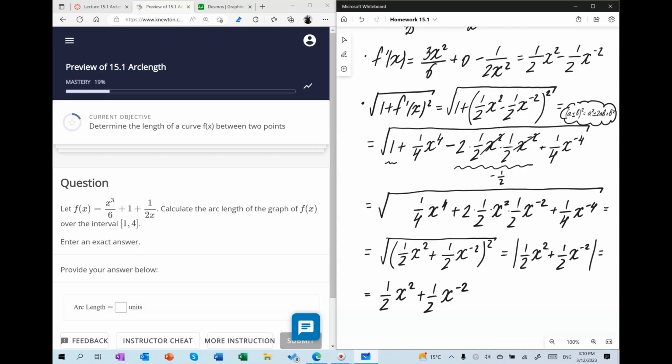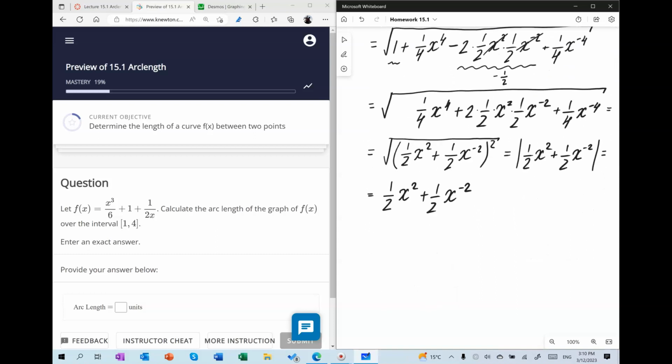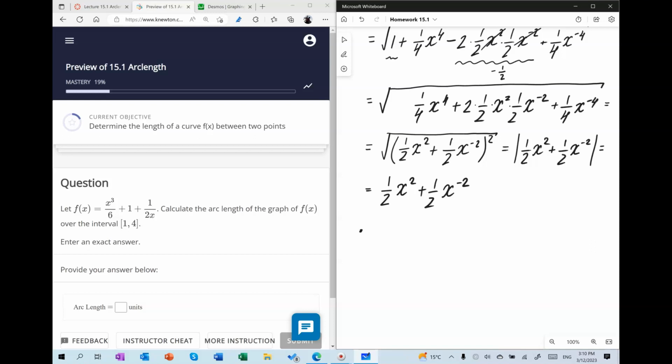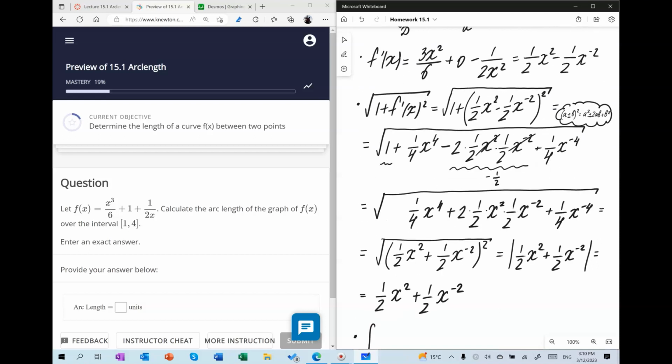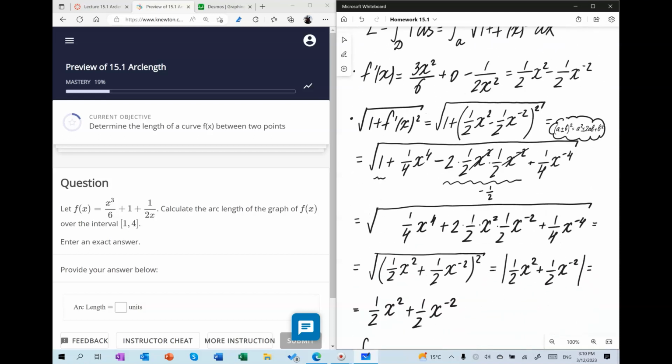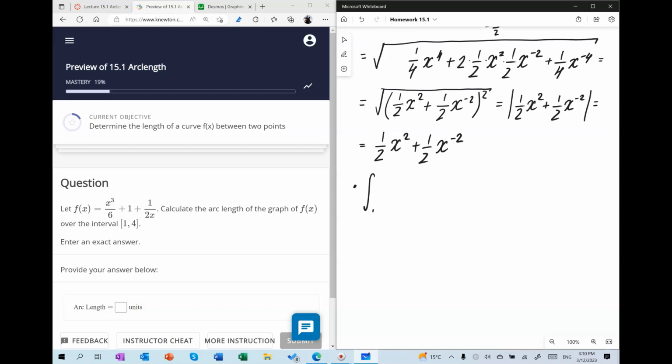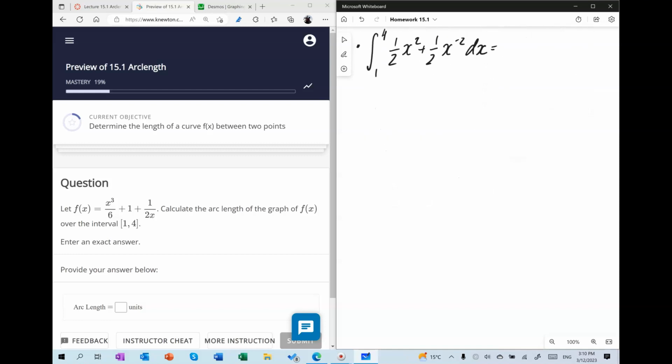So to find the arc length, we're going to set up the integral from 1 to 4 of this function. And now, it doesn't matter where this integral comes from, it's just a calculus problem, but a simple one.